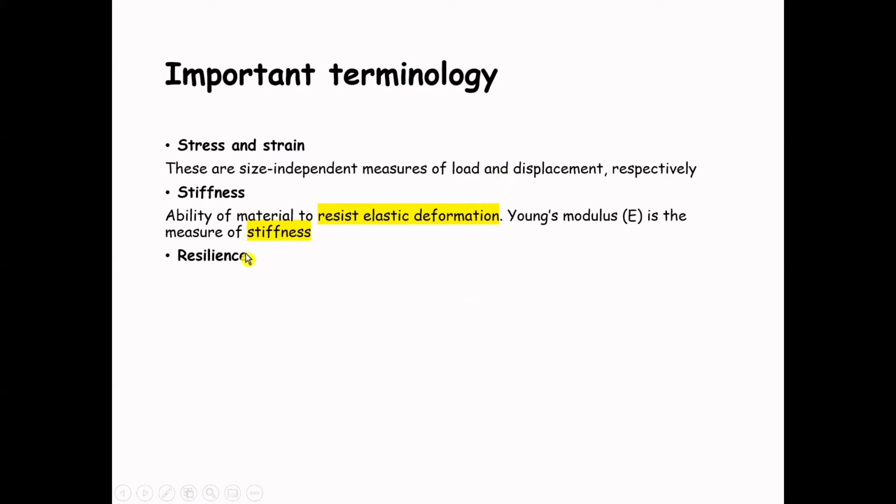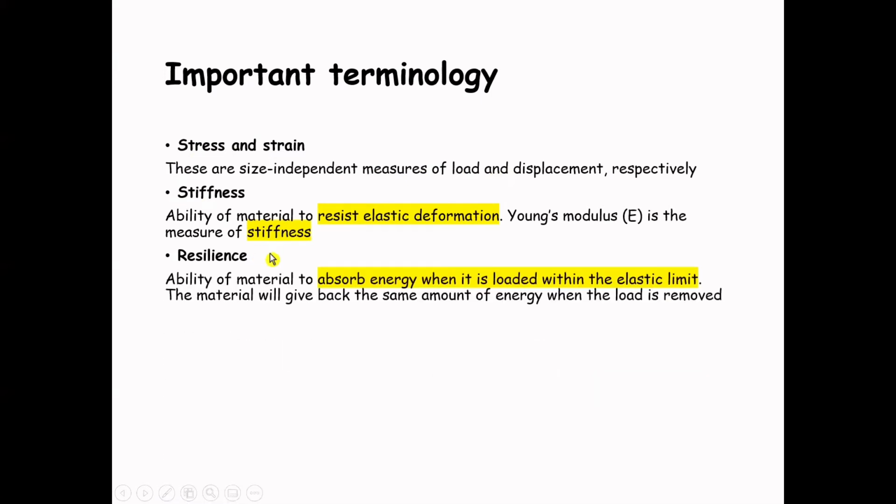And we also have resilience, or what we call as daya tahan in Malay. So resilience is the capacity to absorb energy in the elastic region.